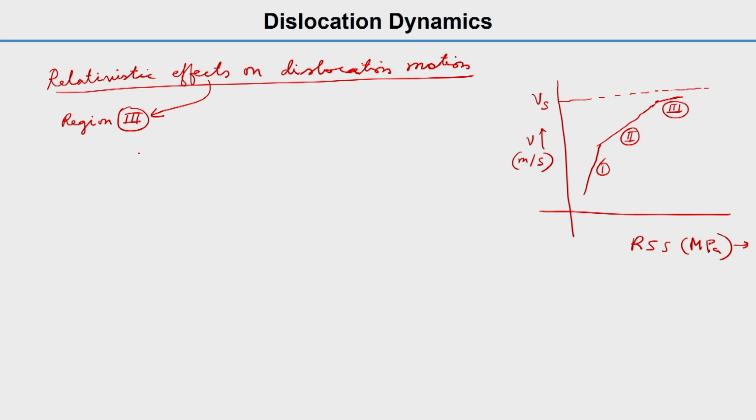What happens is the dislocation velocity, small v, approaches capital Vs, that is, as you know, the elastic shear wave velocity.